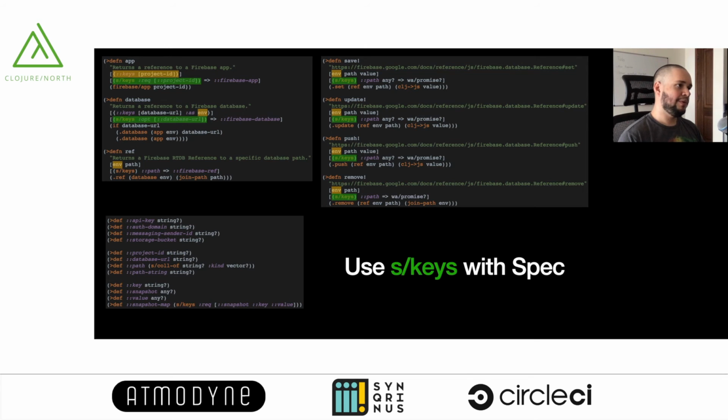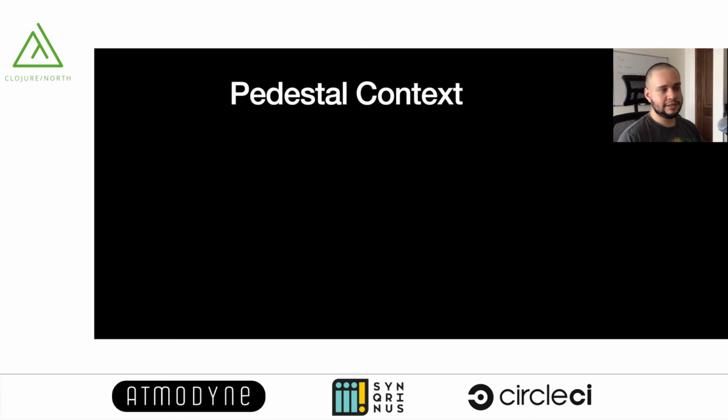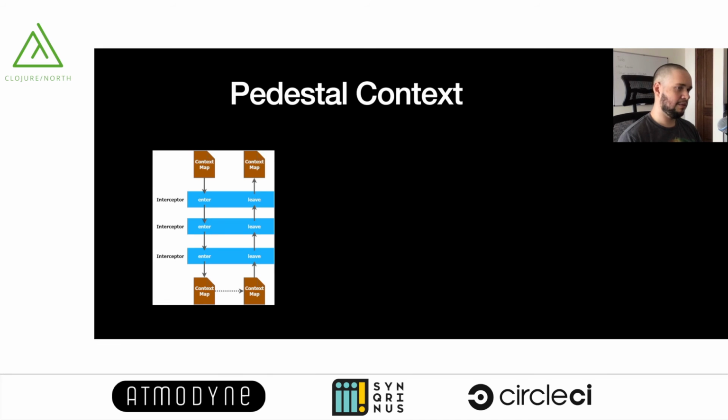Another example of something that already does that is the Pedestal context. Pedestal is a Clojure HTTP library, and pretty much what happens in these libraries, and Ring is another example, is that they start creating a map with the request information, and then this map gets passed to the interceptors that could parse the body, parse the URL params, and do all the things.